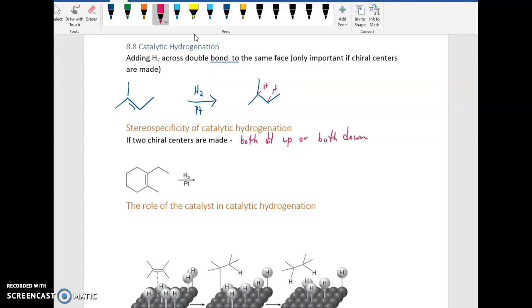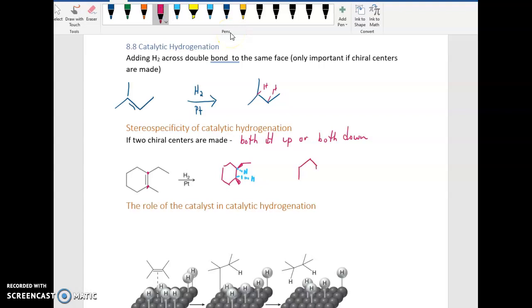So here's our example. We're going to add hydrogens to this position and to this position. And the two stereoisomers that will be made will be putting both of these on wedges. That means that our hydrogens were both on dashes.